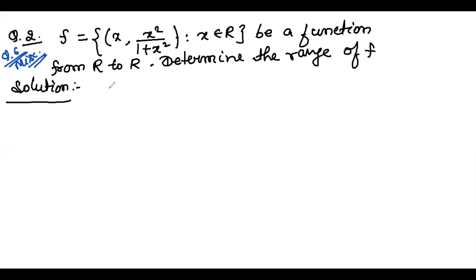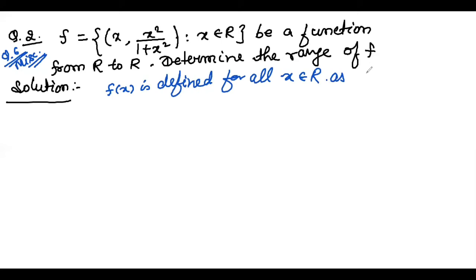So according to that, we can write the domain as all real numbers, because there is no problem here. In place of x, any value we can apply. So the domain is all real numbers. Now we will find out the range.